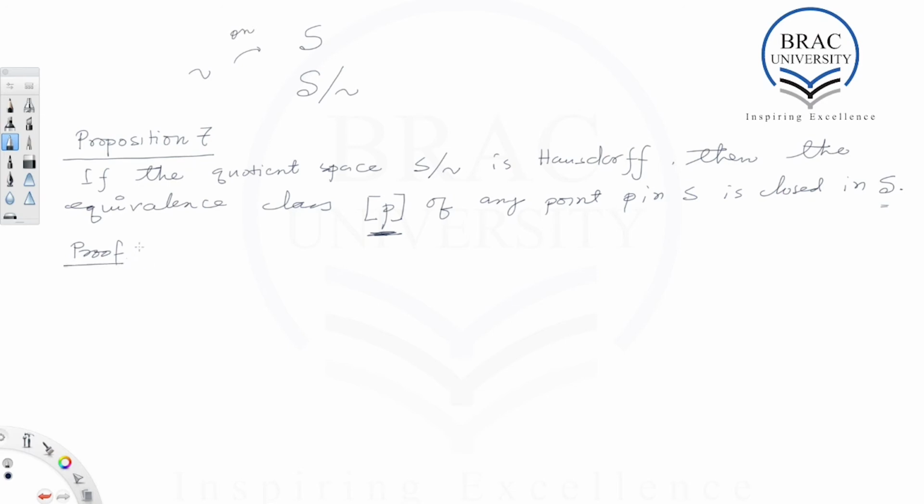We know from the first lecture that every one-point set is closed in a Hausdorff topological space. So if you have a singleton set, that is going to be closed in a Hausdorff topological space. Now consider the canonical projection map pi from S to the quotient space.